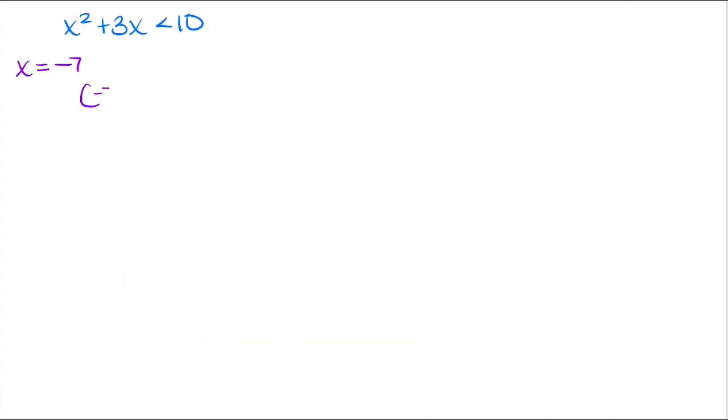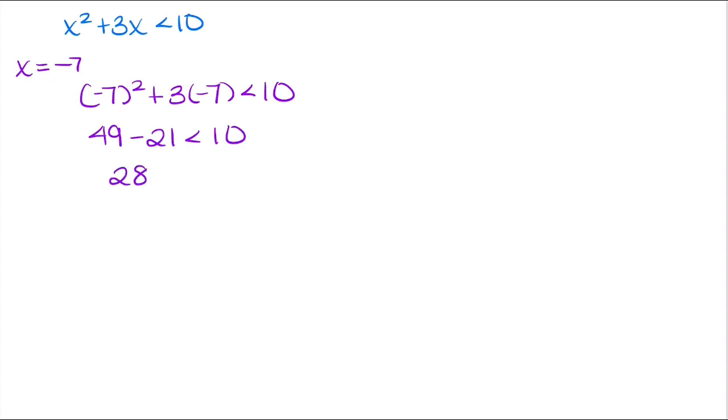So this is going to become -7 squared plus 3 times -7, and I'm checking whether that's less than 10. -7 squared is 49. 3 times -7, that gives me -21. So 49 minus 21 gives me 28, and that is not less than 10, so this is false. So I will not include that region in my solution.